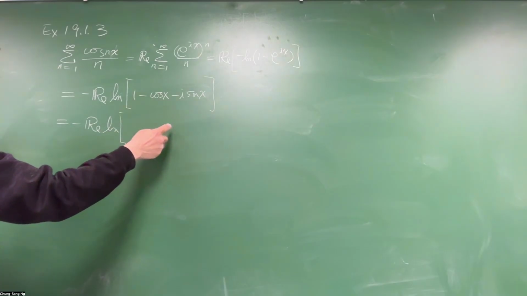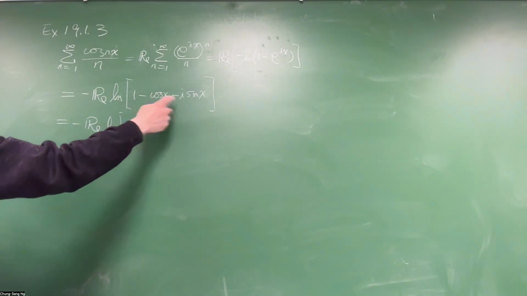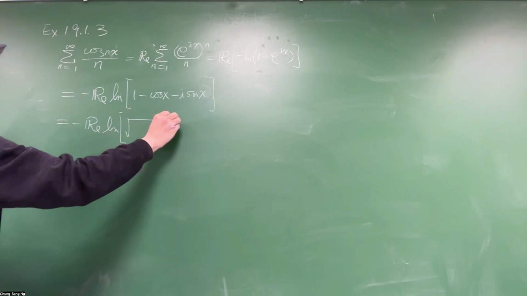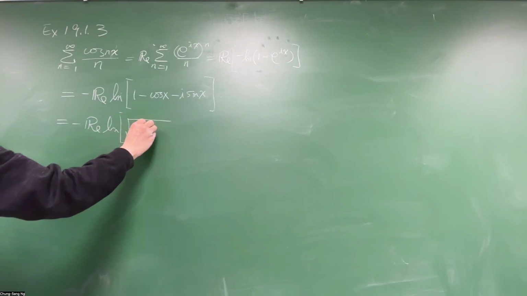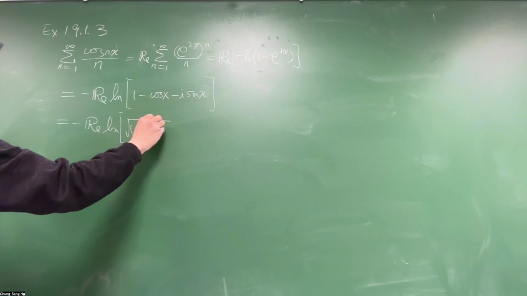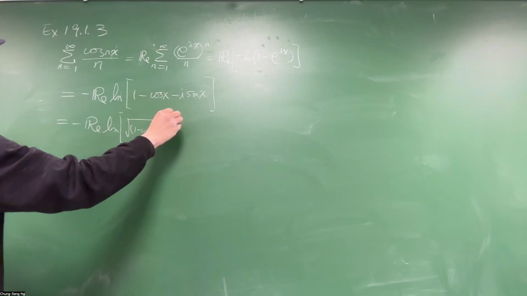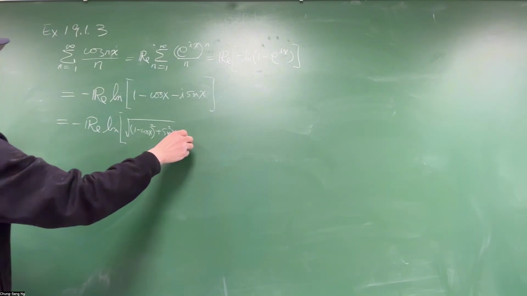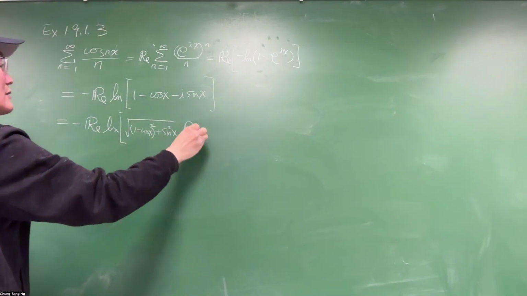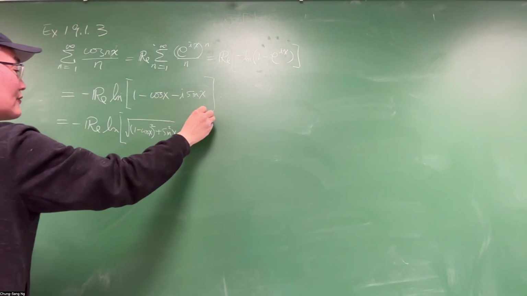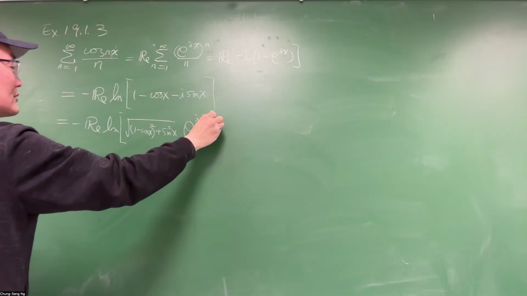The phase will give you a pure imaginary part. Like, so the argument is just the square root of the real part squared plus the imaginary part squared, and then there's a phase, whatever the form, because that is unimportant for us.